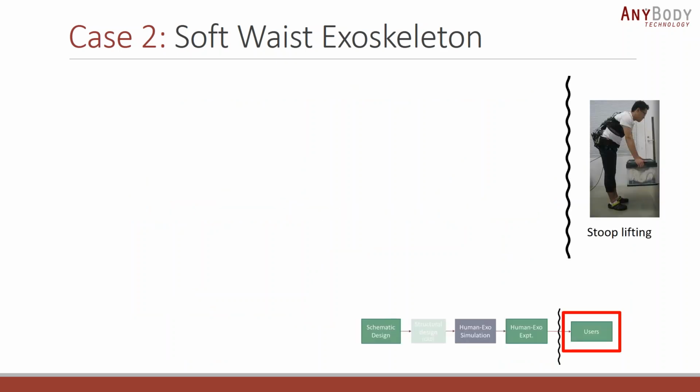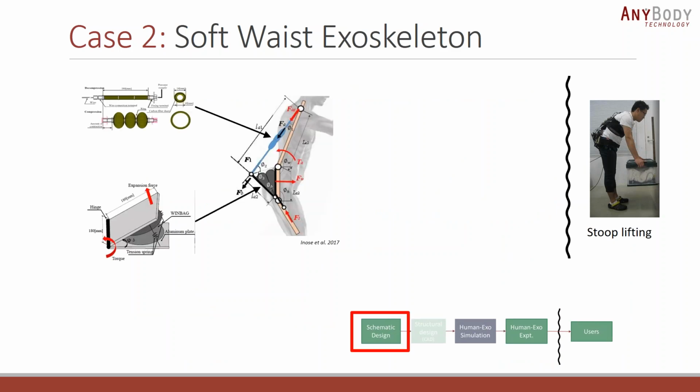So again, talking you through the methodology, the users being targeted were factory workers who engage in such stoop lifting tasks. They started with a schematic design of the exoskeleton, where they had models of the pneumatic actuator, as well as a force amplification mechanism on the waist, whose purpose was to increase the moment of the pneumatic muscle around the waist.